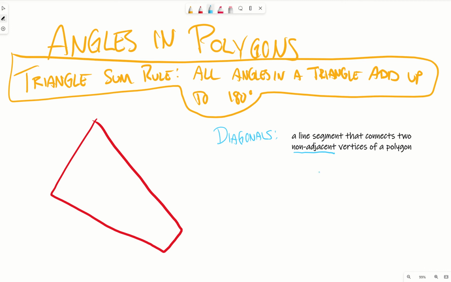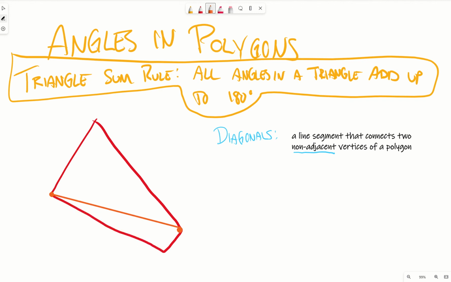So if I wanted to start on this polygon, at this corner here, I would be able to draw one straight line segment from this corner all the way to this corner here, yeah? I've now drawn one straight line segment. I can't draw any more because there are no more corners that aren't adjacent. Right here, this would be an adjacent line, can't do that. Down here, that would be an adjacent side, can't do that.